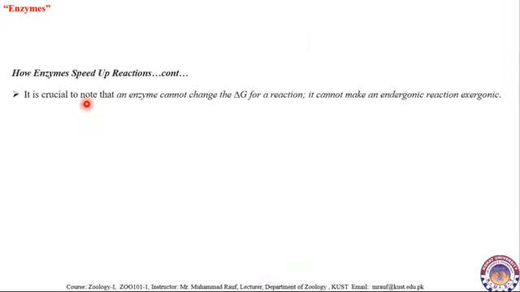It is crucial to note that an enzyme cannot change the free energy for a reaction. Now, an enzyme cannot change the free energy. An enzyme will have no contribution to the overall energy of the reaction.